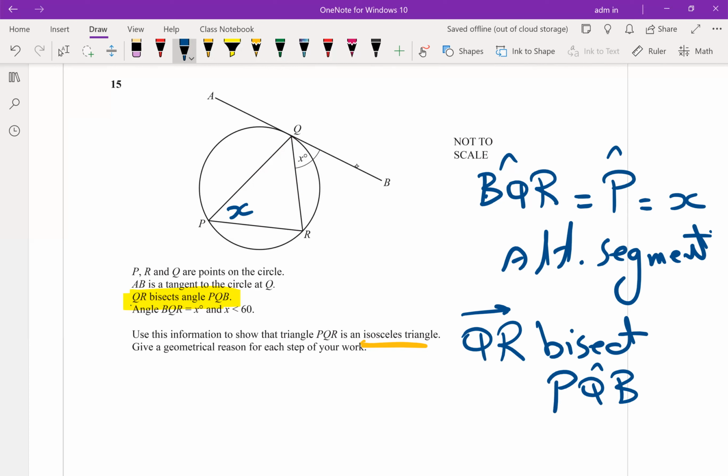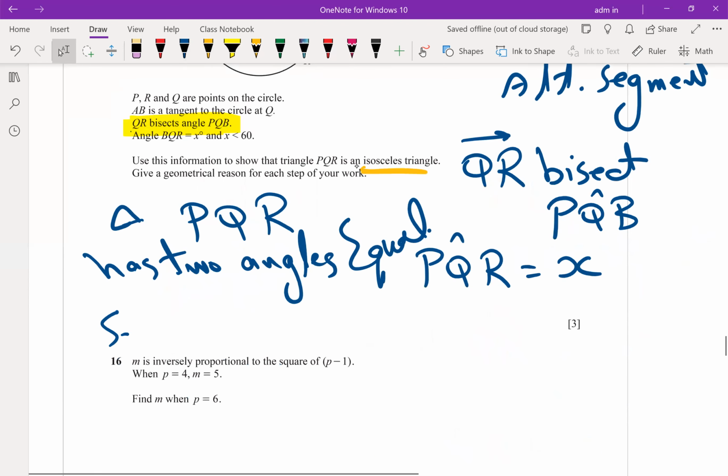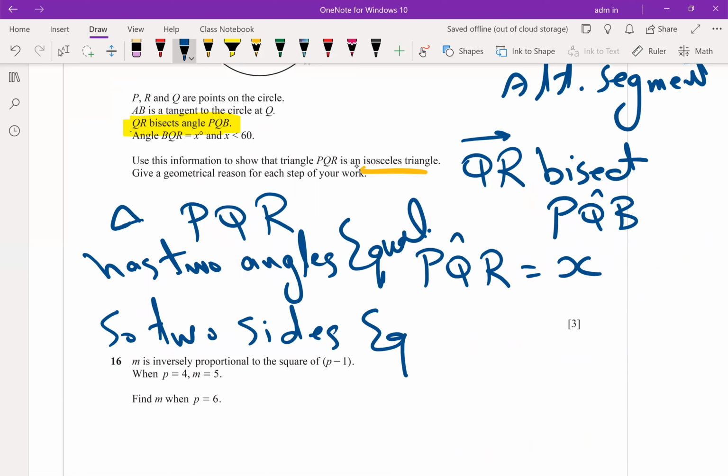This means angle PQR is equal to x. Triangle PQR has two angles equal, so two sides equal. So the triangle PQR is an isosceles triangle.